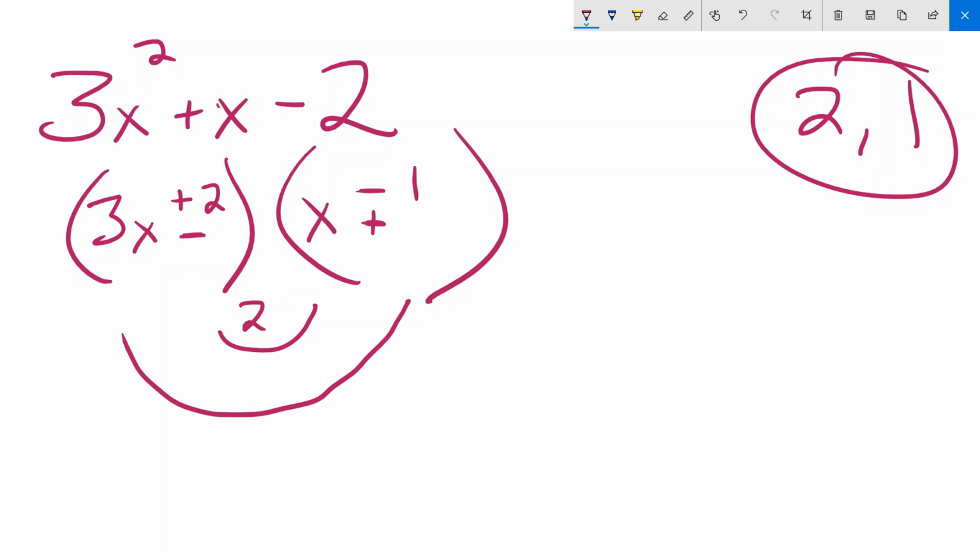No, that gives you this, which would be minus 1x in the middle. So what do I have to do? I just have to move the 2 down to here and the 1 down to there, and get rid of that. And now that becomes a minus 2x in the middle, a plus 3x in the outside. Add them together, you get the middle term.